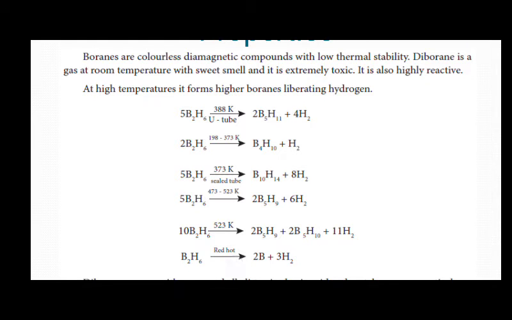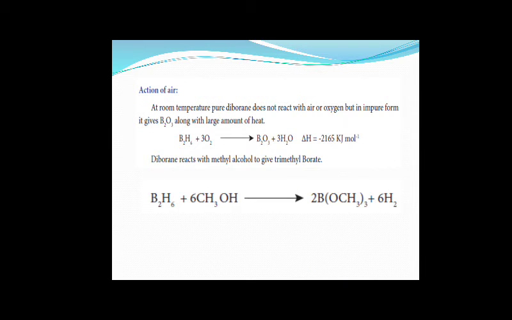Borane at red hot gives direct boron and 3 hydrogen. In all the cases, the byproduct is hydrogen.